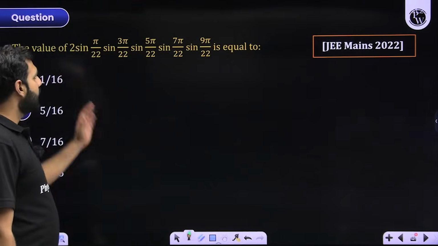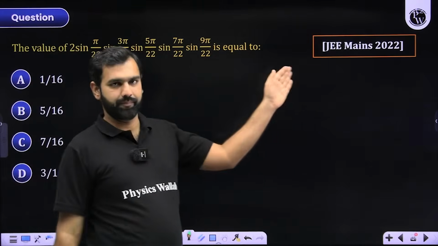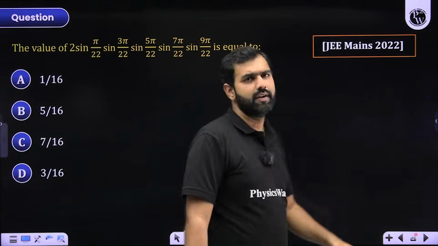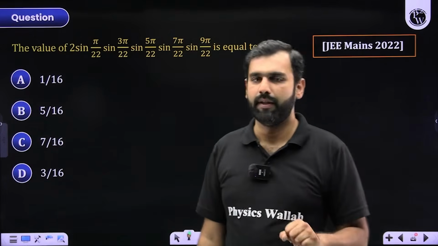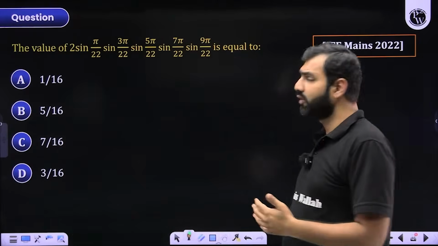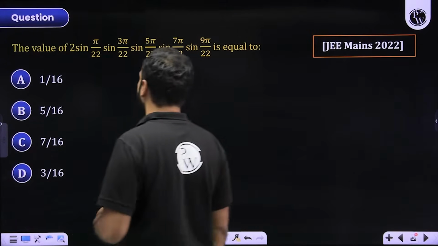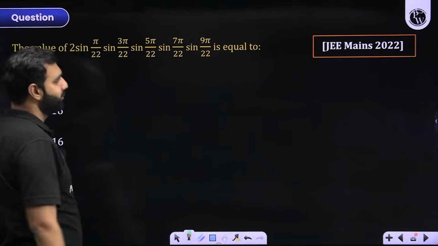First of all, the product is given. And when they give you something like this, and when the options have numbers, then it should be solvable. The idea is, can I convert all of these ratios into cos? How can I do that? Please look at this part: sin(pi/22).